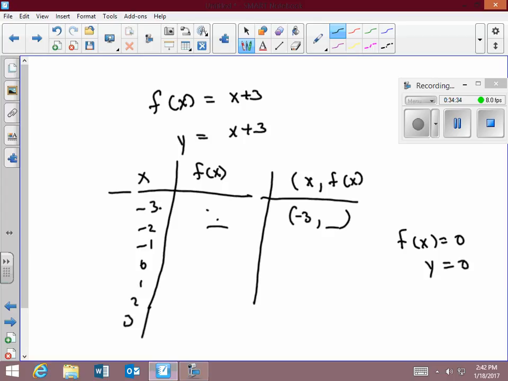What are you finding when you set y equal to 0? You're finding which intercept? X-intercepts, right? So do you see that when you take the function and set it equal to 0, it's the same as doing this, and it's the same thing as doing the x-intercept.